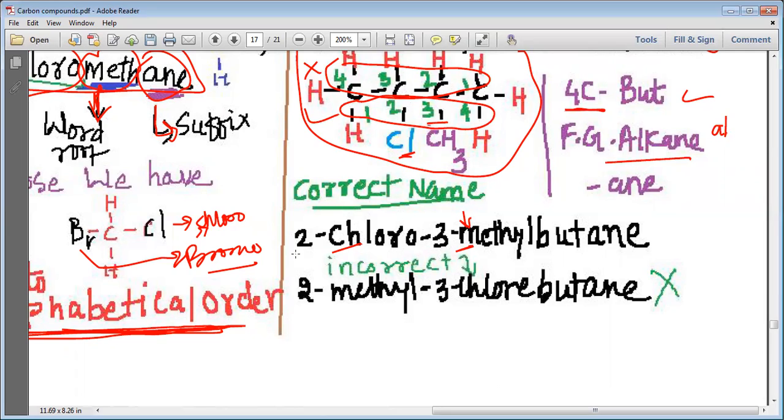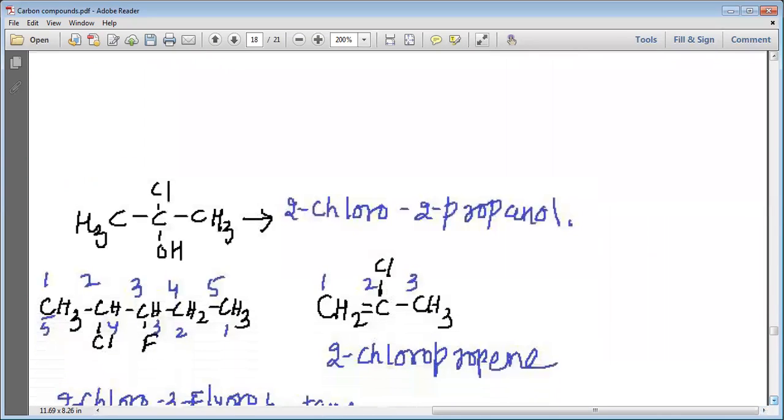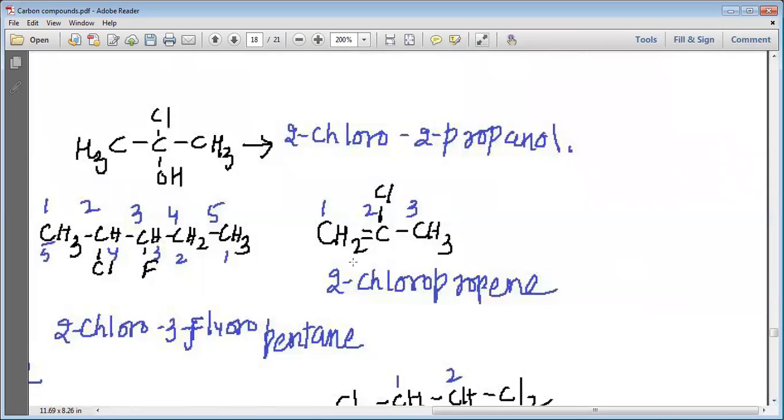Chloro should be on the second position and methyl on the third position, and that is why we will write 2-chloro-3-methylbutane, and we will not prefer 2-methyl-3-chlorobutane. It is going to be the wrong name for this compound. So while naming a compound, my dear students, we need to keep all these things in our mind.